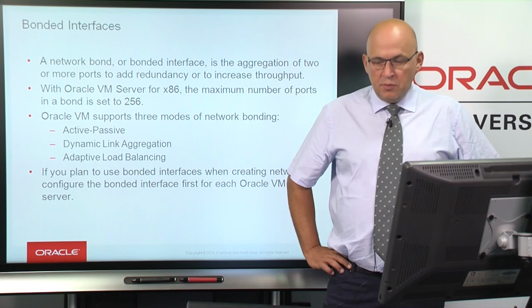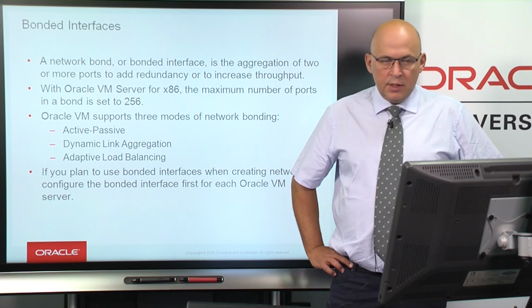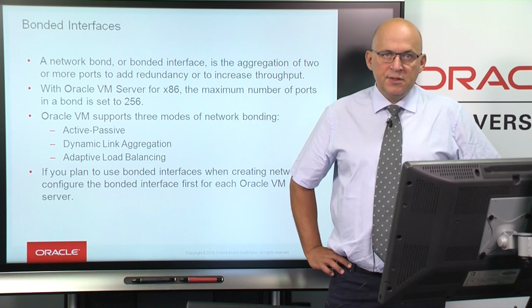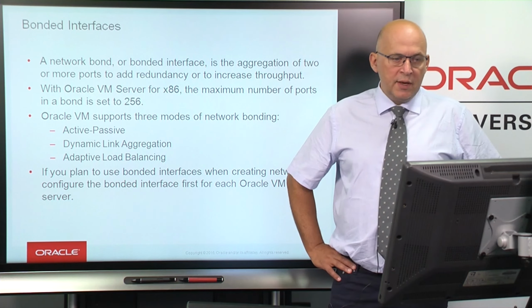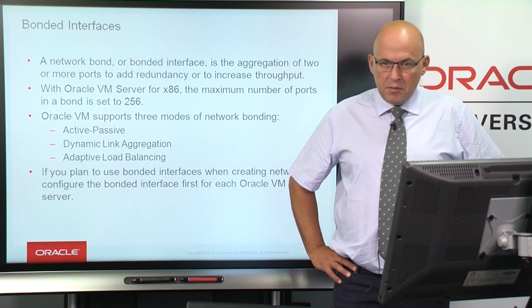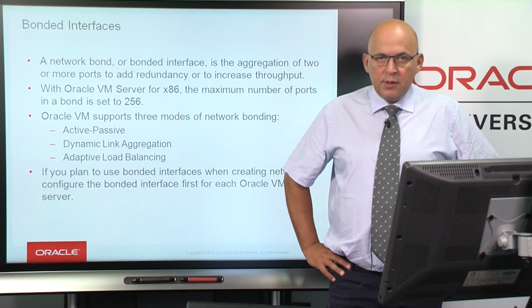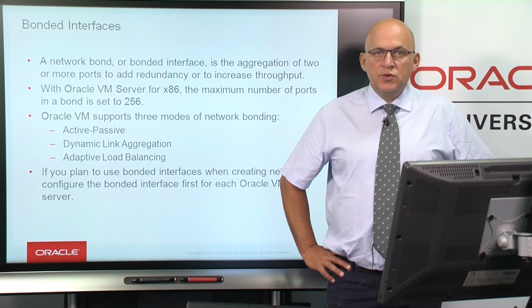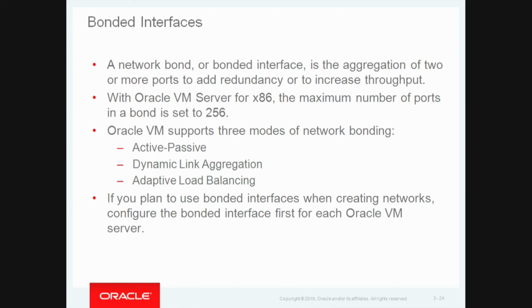Active load balancing means the traffic will be load balanced across the ports, but this is not supported for certain VLAN configurations, so you have to be exactly sure if you need it or not.